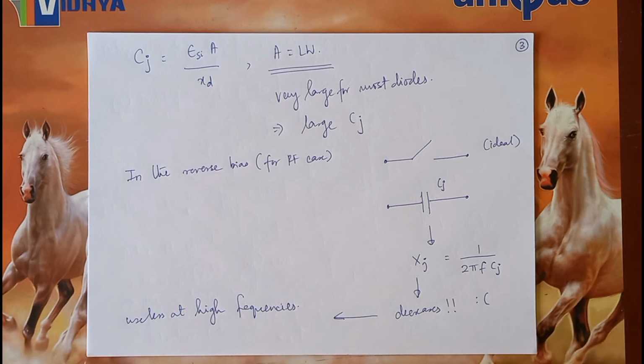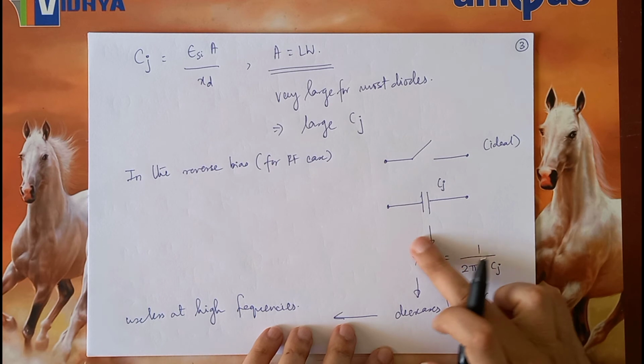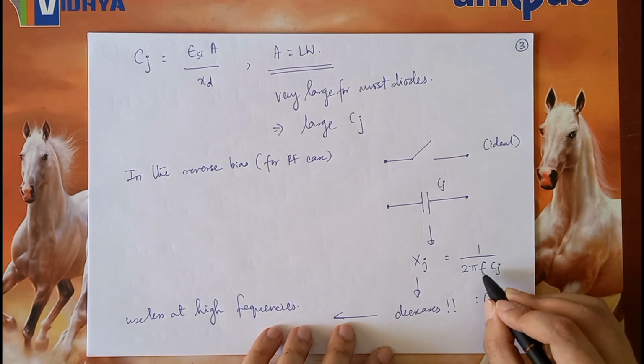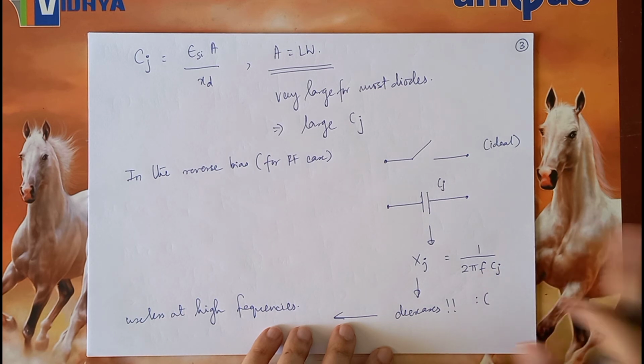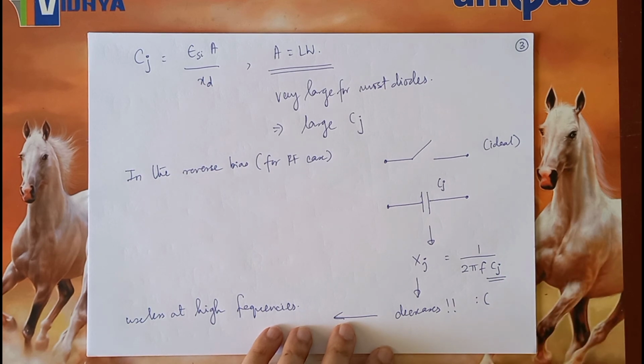So what we can see from here is that in the reverse bias case, the impedance of the diode in the off condition must be as high as possible. Therefore, since we want a diode which can operate at as high a frequency as possible, this Cj must reduce.